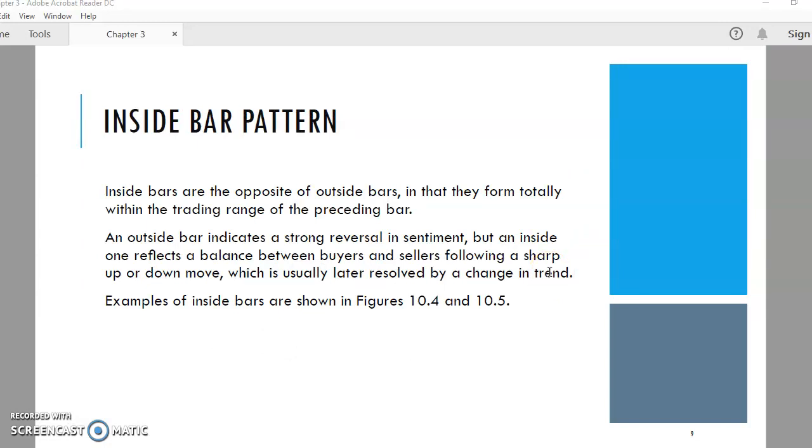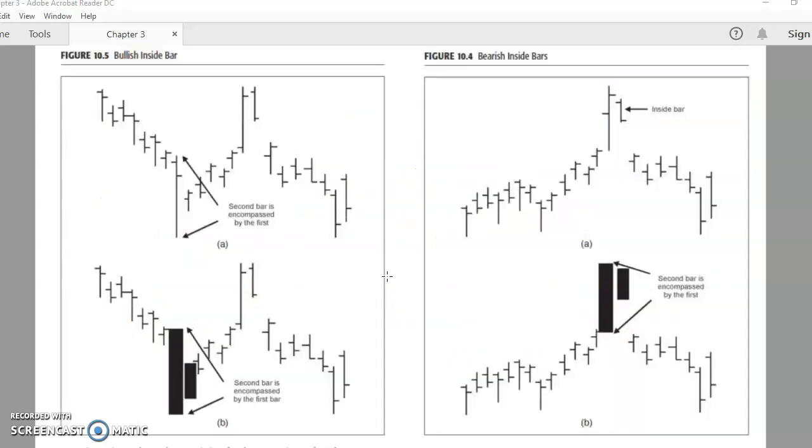And then we have the inside bar pattern. The inside bar pattern is the opposite of the outside bar pattern. For inside bar, we also have bullish and bearish. It's easy: for the outside bar, the first day is smaller and the second day is wider. However, for the inside bar, the first day is wider and the second one is smaller.